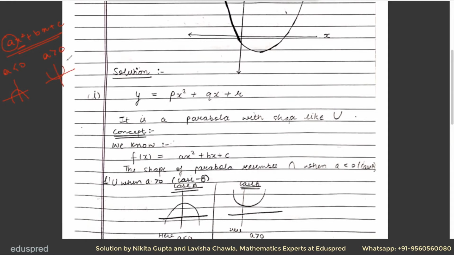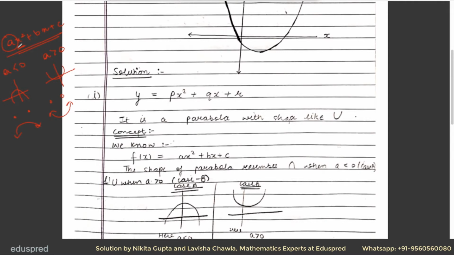So it's again a U shape, but it is opening upwards. So I have a small trick to remember this. If my a is positive, then I have a smile, a positive smile. My graph is opening upwards. If a is negative, then I frown. So my graph opens downwards, a negative frown.